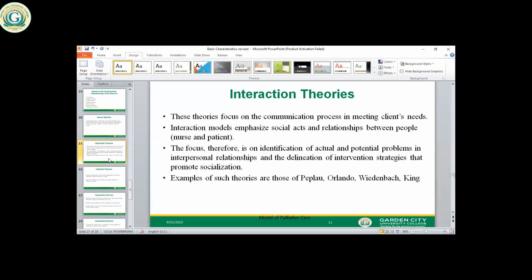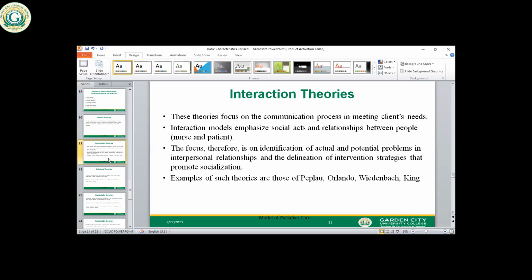The focus is on the communication process in meeting patients' needs. This model emphasizes social acts and relationships between people. A theory that seeks to address how well the nurse should interact with patients, communicate with patients' relatives, and even with other members of the healthcare team is an interaction theory.